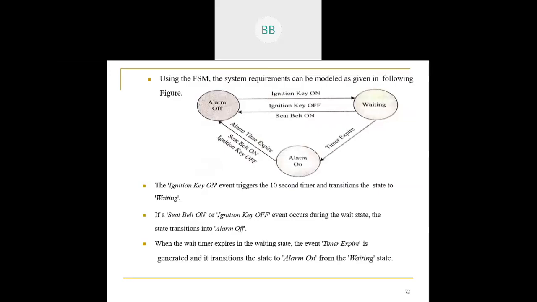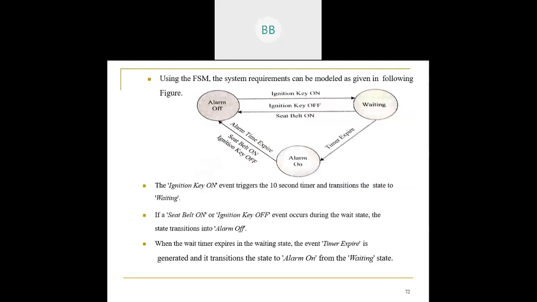To illustrate this type of model, let me consider an example of a seat belt warning system. Here, in this example, an alarm is used to trigger the event. Initially, the alarm is in the off state.